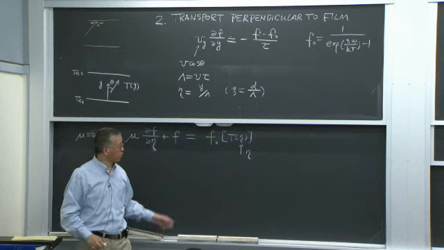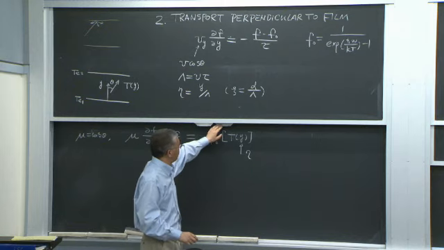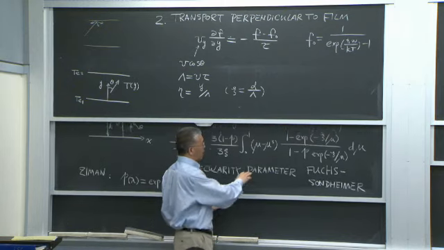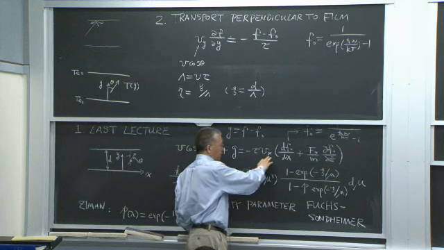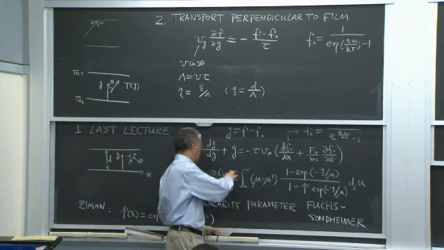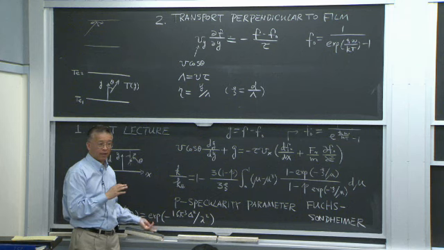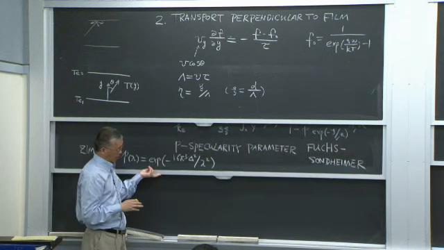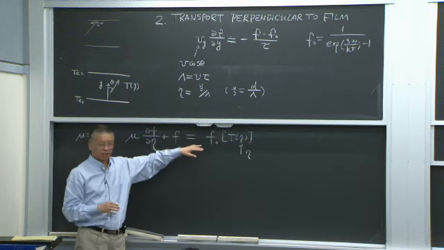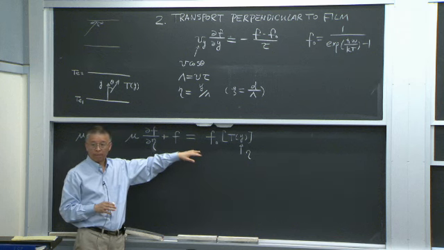Now, this equation is a little bit harder to solve than the previous one, because in the previous one the right-hand side is a function of x and the left-hand side is a function of y. Now, in the current one, both the left and right-hand sides are functions of eta.